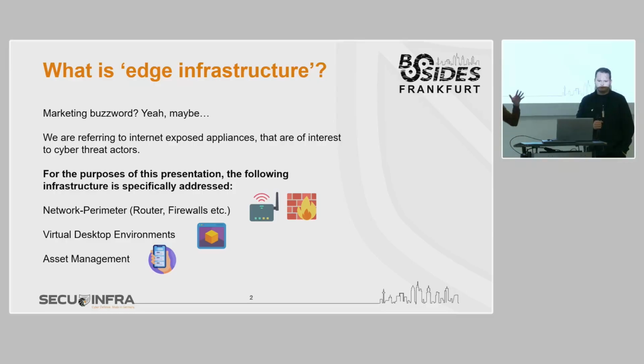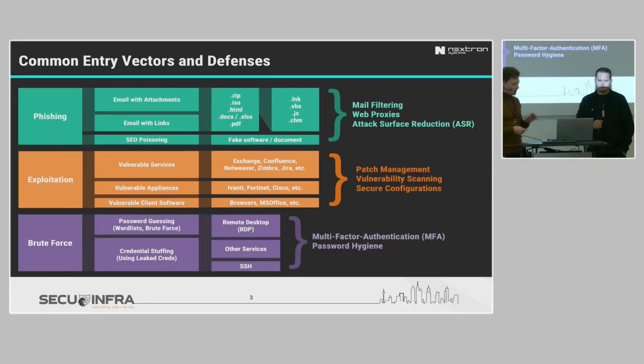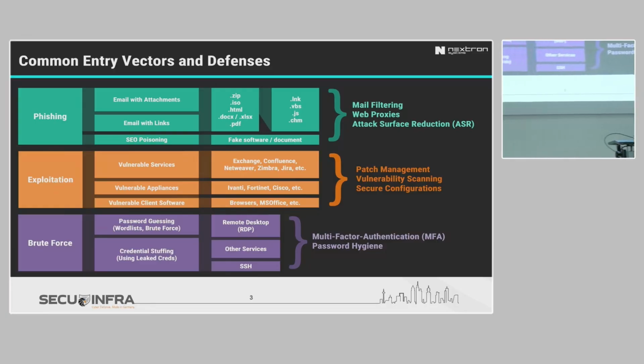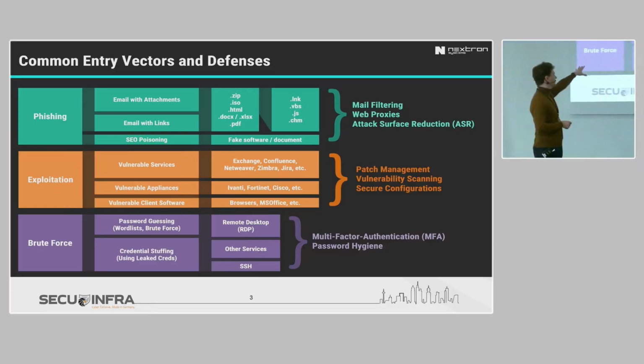And to put it all a bit more into perspective, what we want to talk about today is edge devices, exploits, and initial access. So basically, what you can see here is a slide from Florian Roth. You maybe know him. And he summarized all the common entry vectors. On the top, you can see phishing. I think you all know what phishing is. At the bottom, you can see brute force, like password guessing, credential stuffing, all stuff like that.